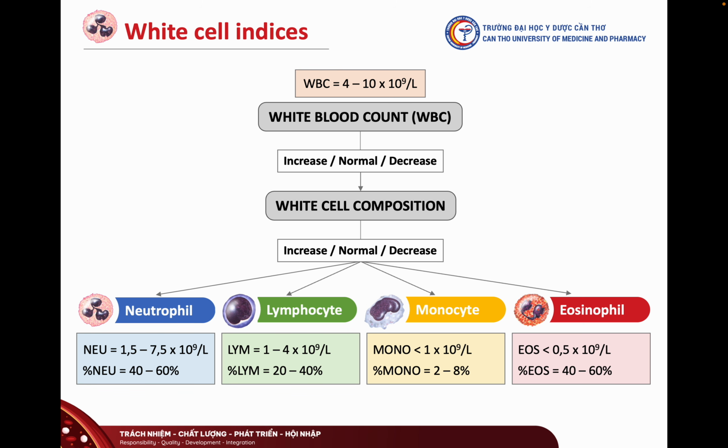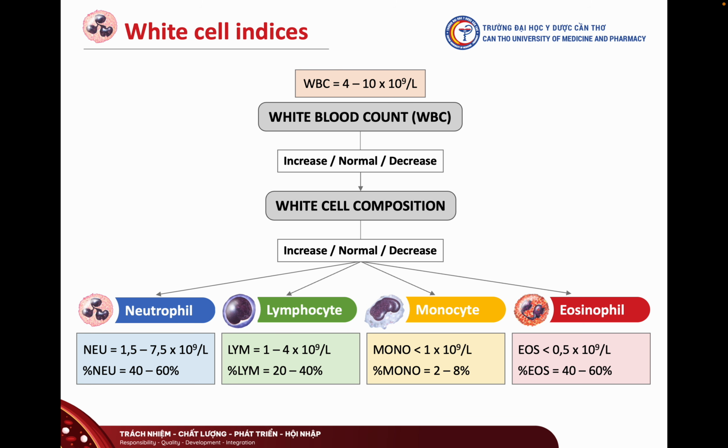Lymphocytosis is above 4 and lymphopenia is below 1 times 10 to the 9 per liter. Monocytosis is above 1 and eosinophilia is above 0.5 times 10 to the 9 per liter. You will see these patterns often, and they can guide your clinical thinking in a very meaningful way.